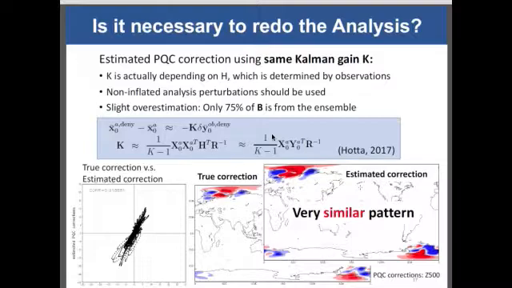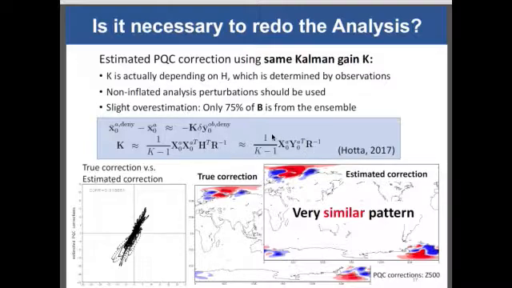The first question to answer is whether it is necessary to redo the analysis again, because it's very computationally expensive. So Hotta provided a formulation to do the approximation. In this approximation, we are assuming that the Kalman gain K doesn't change so much, though it actually depends on what observations you are assimilating. But we're assuming that K remains constant.